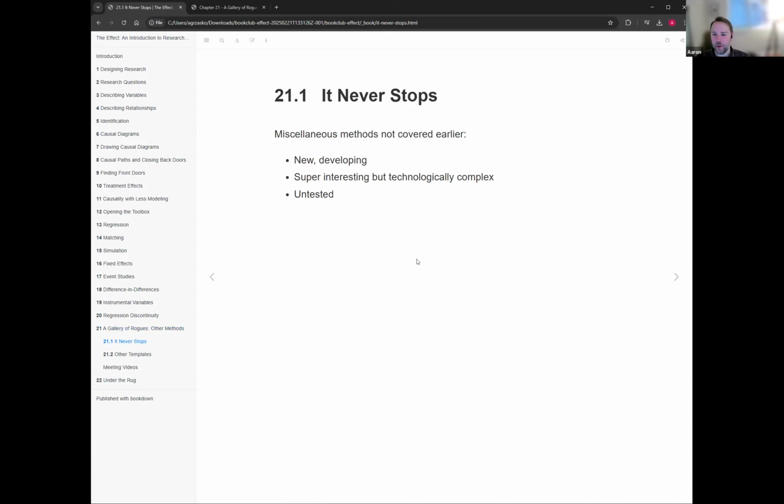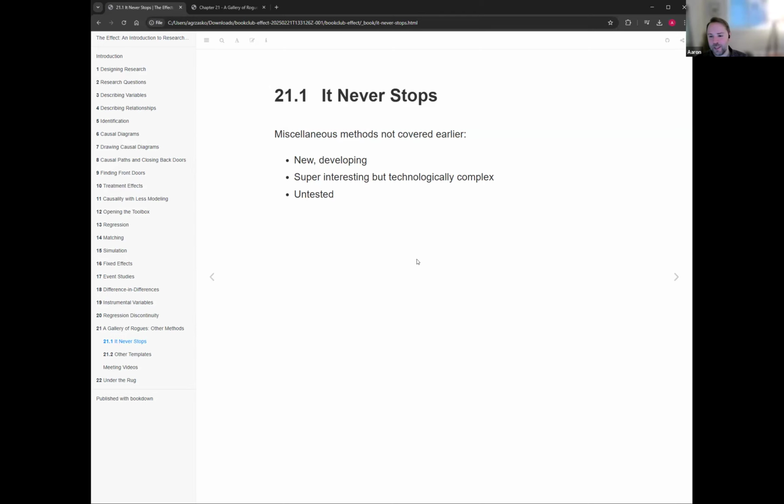Just a couple of introductory notes. These methods fall under a couple of buckets. Most importantly, these tend to be newer methods, maybe new within the last 20 years, as opposed to regression, which has been used since the 19th century.